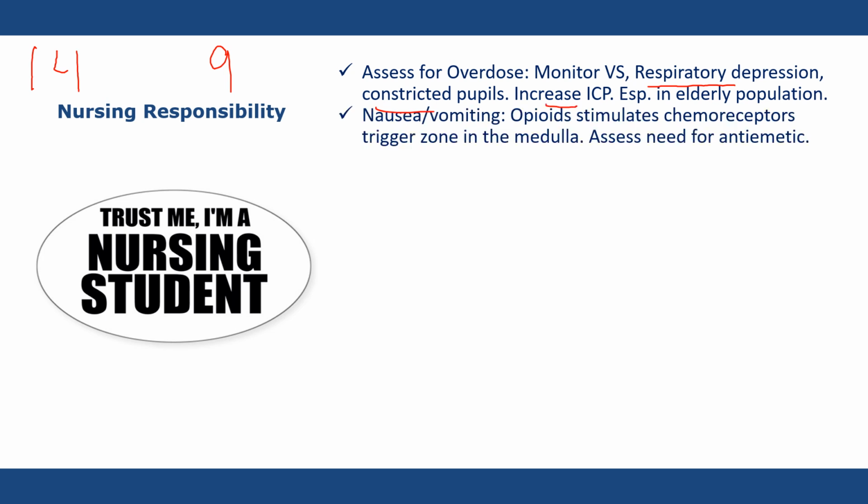And nausea, vomiting. Again, if somebody is naive to these medications, opioids will stimulate chemoreceptors in the medulla, causing nausea or vomiting. So assess for a possible need for antiemetic medication like Zofran. So if you have a client who's recovering from a surgery, let's say status post knee replacement, and every time they ask for pain medication, they throw up.